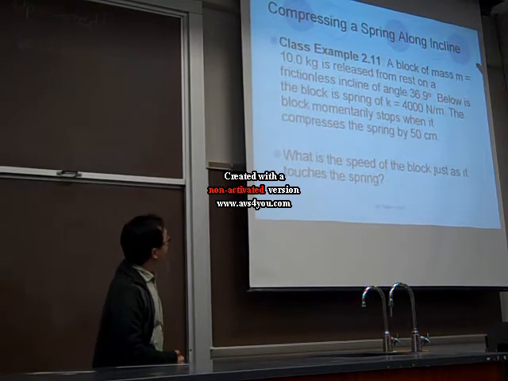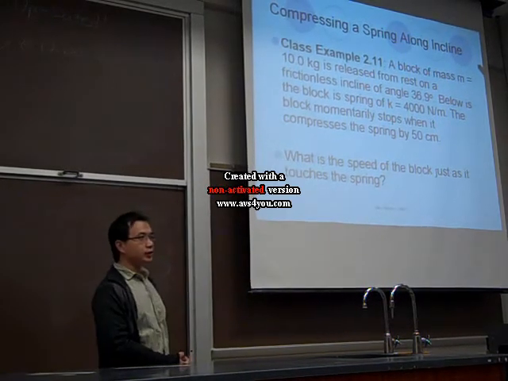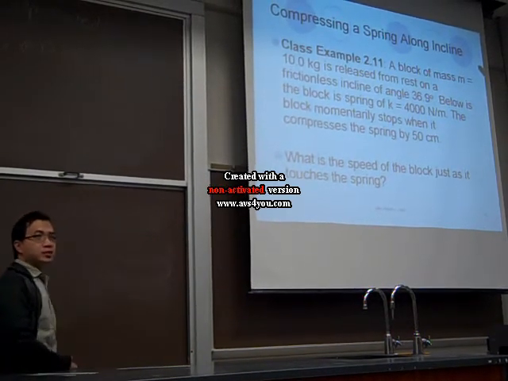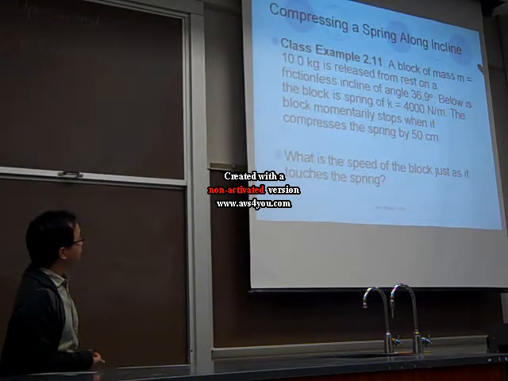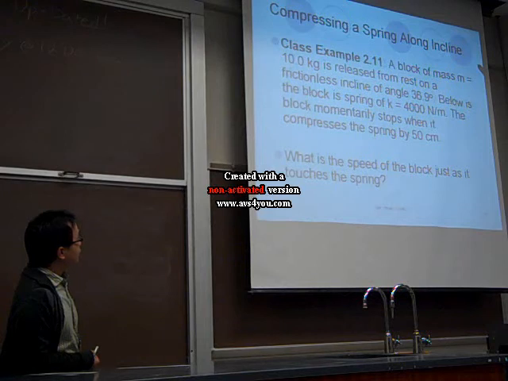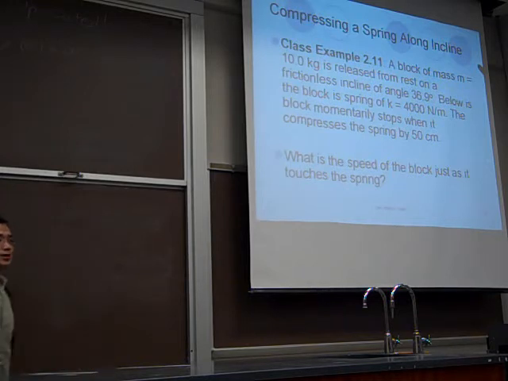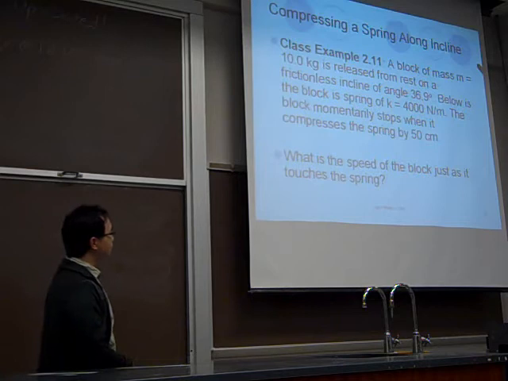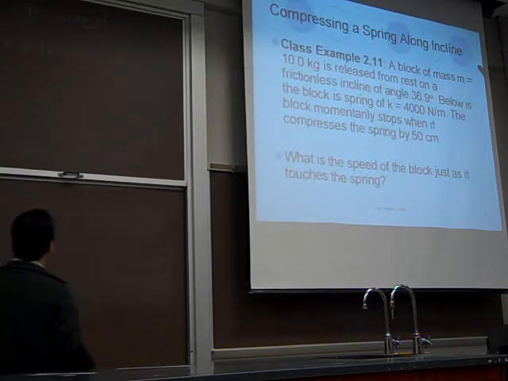Below the block is a spring with spring constant k equals 4,000 newtons per meter. The block momentarily stops when it compresses the spring by 50 centimeters. So that's the maximum compressing distance. With this information, we want to find the speed of the block just as it touches the spring.